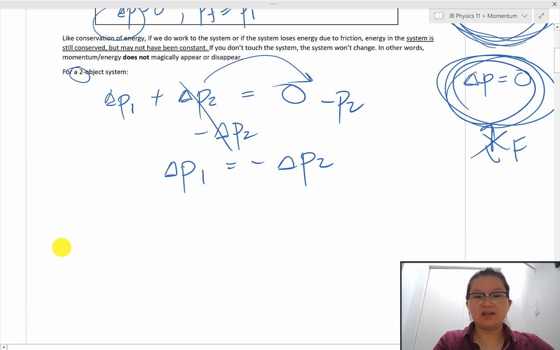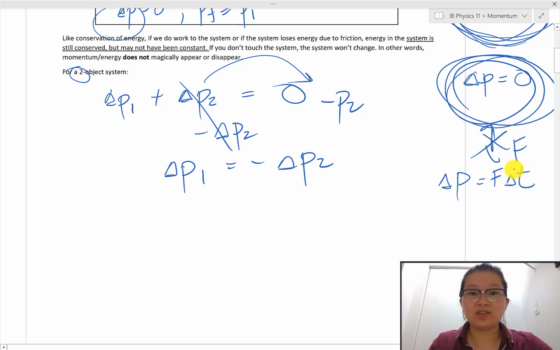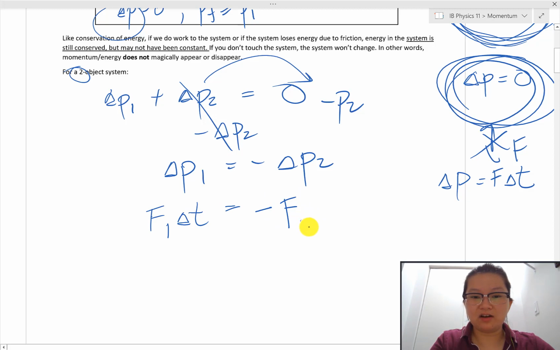And we know that change of momentum is equivalent to the force acting on your object, multiplied by the time that the two things were in contact with one another. So then we can rewrite this as force acting on object 1 times the time that force was in contact with object 1 equals the negative force acting on the second object times the amount of time that force was acting on the second object.